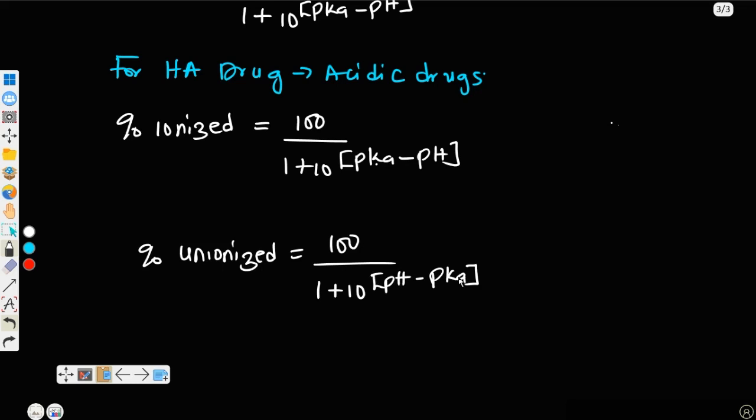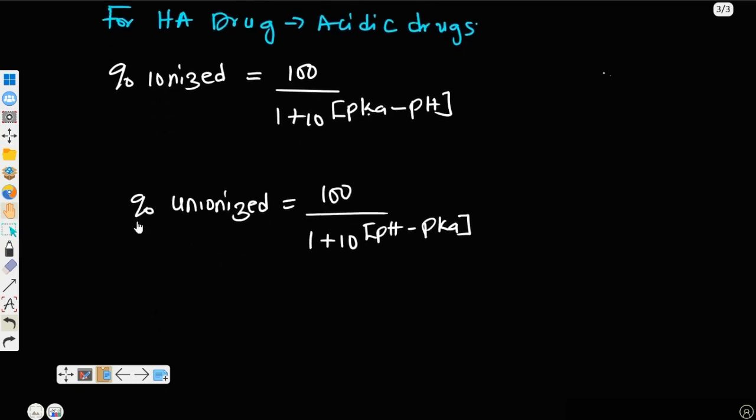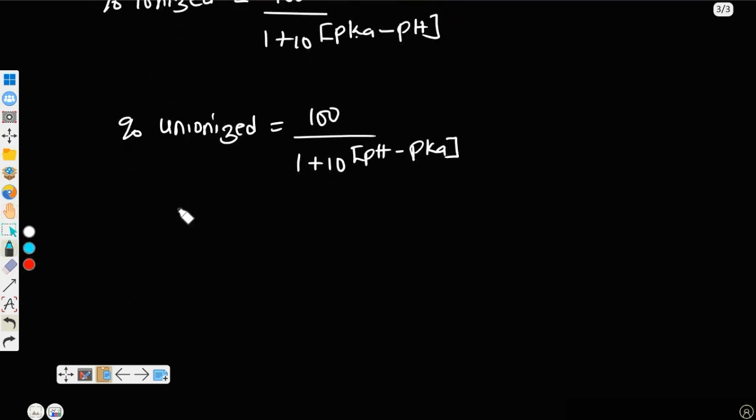Now, I'm going to show you how you will be able to identify between an acidic drug and a basic drug later. Now, the next thing is for basic drugs, it's just like the opposite of acidic drugs. That is BH. Whenever you see that the drug is BH, it's still the same approach, but just the opposite.